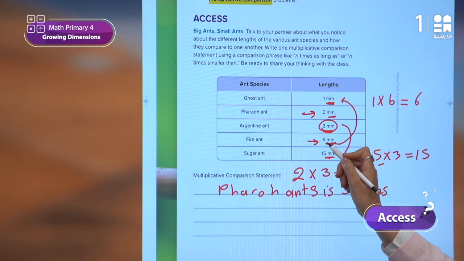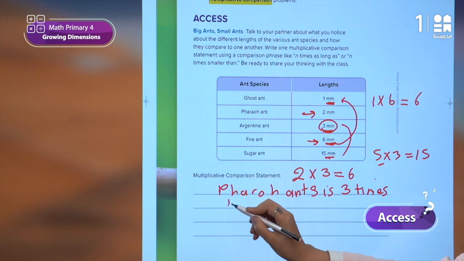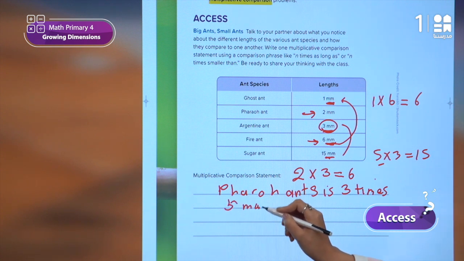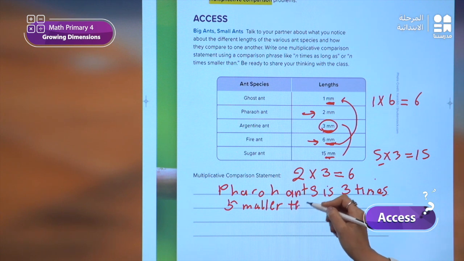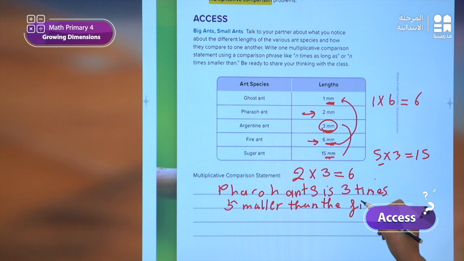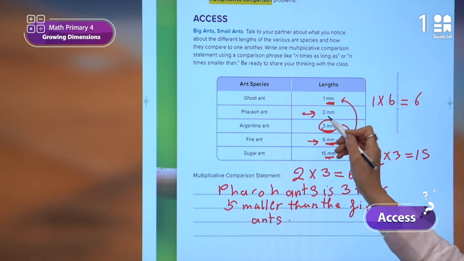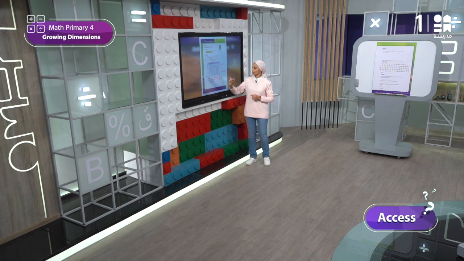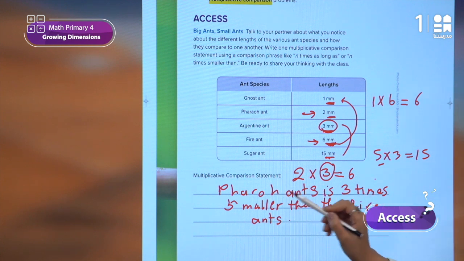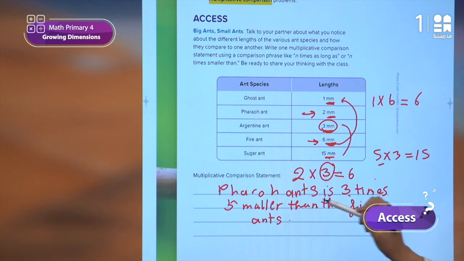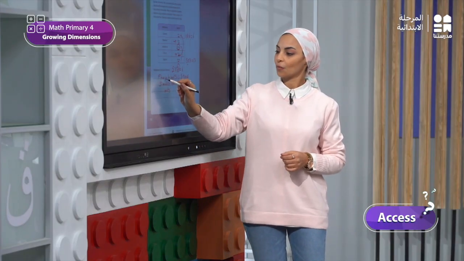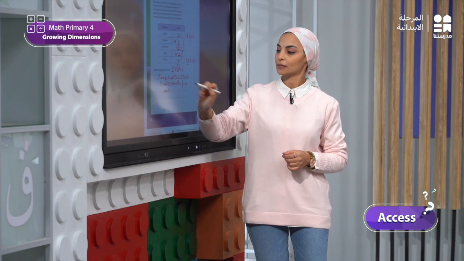The pharaoh ant is 3 times smaller than the fire ants. Okay, because this is 2 millimeter and this is 6 millimeters. So 2 times 3 is 6. That means إن فارو ants is 3 times smaller than the fire ants. Okay. And now this is the pharaoh ants.